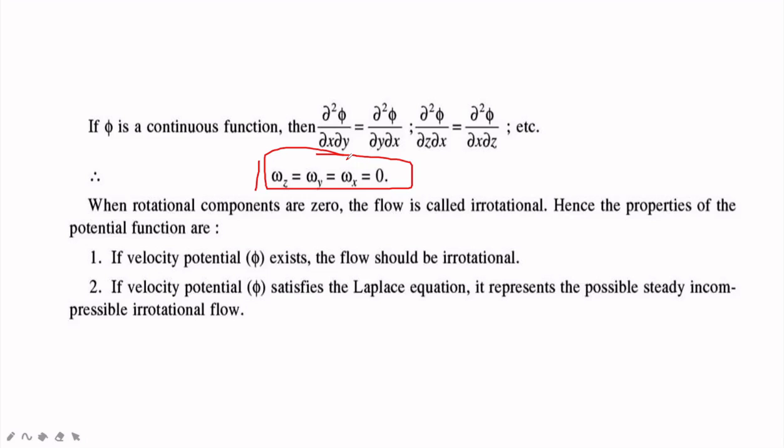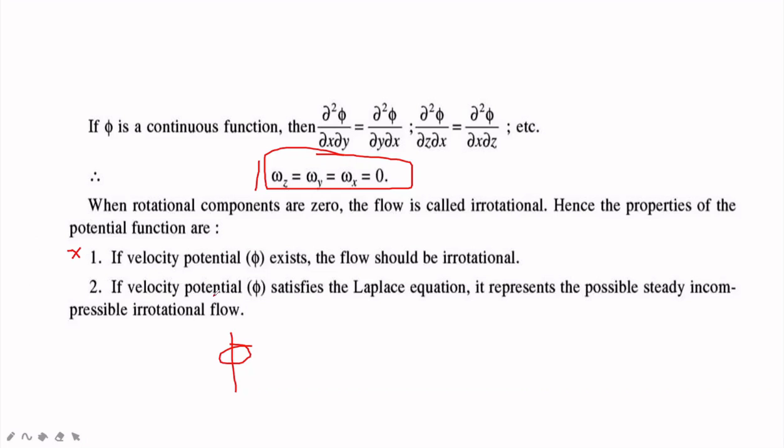When the rotational components are 0, that flow will not rotate. It is irrotational. Hence the property of the function is: if the velocity potential phi exists, the flow should be irrotational. So what can we say from this? These inferences are important. If the velocity potential function phi has a value, then the flow should be irrotational.